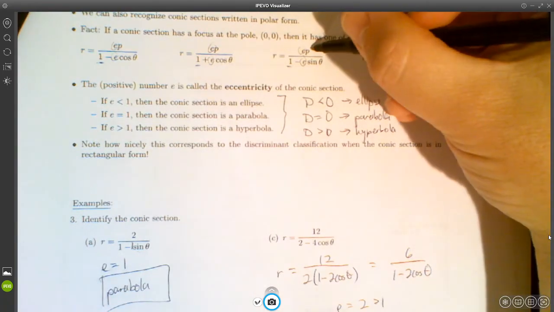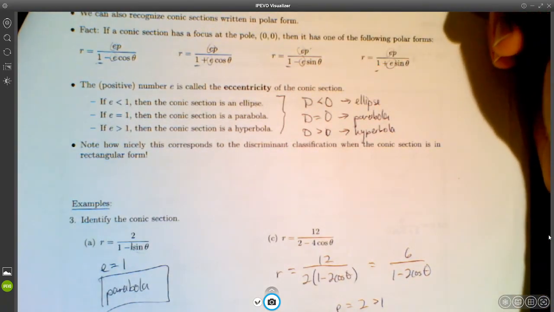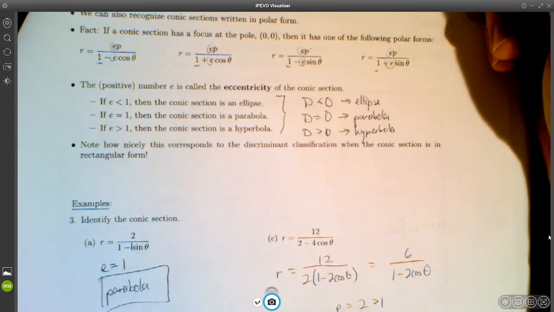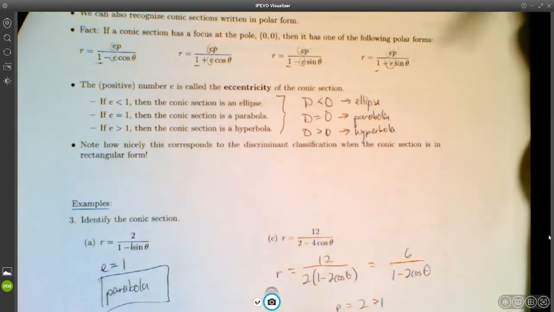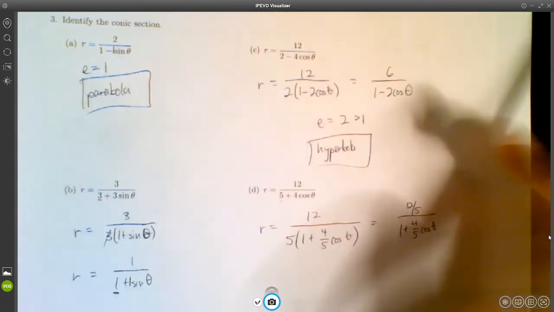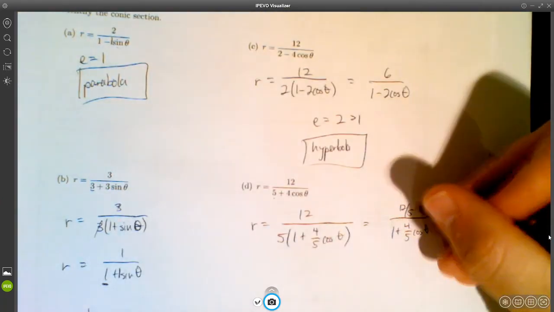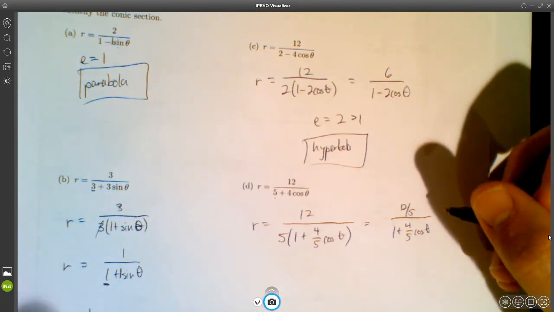That's important because if you're trying to figure out what P is, P has the same interpretation as it did when we were talking about the planar definitions of the conic sections. So P is like your directrix if you're talking about a parabola, for example. If you wanted to figure out what P is, I need to rewrite 12/5 as something times 4/5. Well, that would be 3 times 4/5.